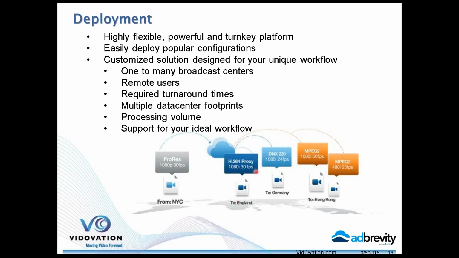England needs an H.264 proxy, 1080i 30. Then Germany needs something slightly different. Then Hong Kong needs something different. And you can see the originator, the coordinator controls all of this, and it's all preset. And with virtually a click of one button or dragging of one file, the transfer happens.